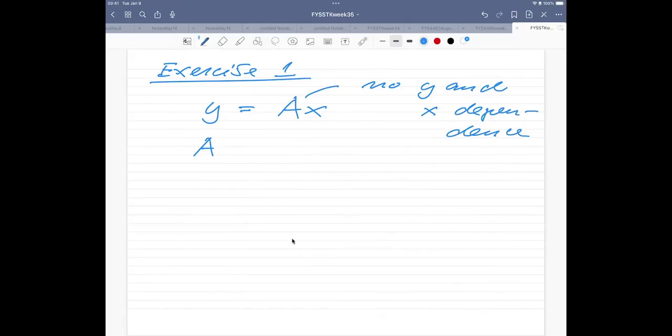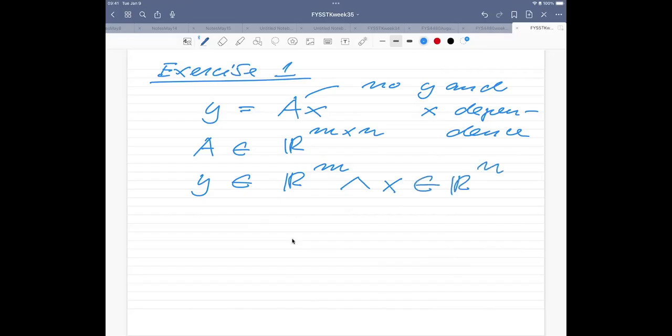So what happens then is that we define A to be a real matrix of dimension m times n. Y is a vector of length m, and X is a vector of length n. So when we now write this out, we have a component y of i. In order to see how to calculate the derivatives, it's useful to write out the components in terms of a simple expression.